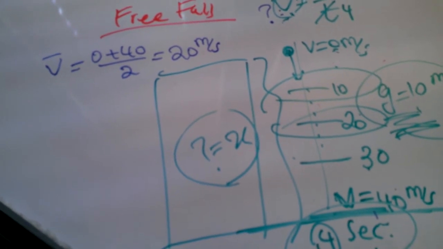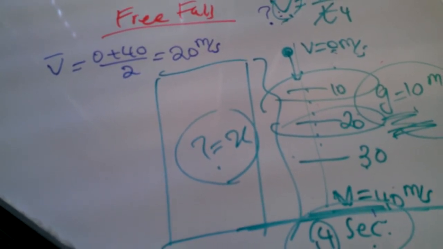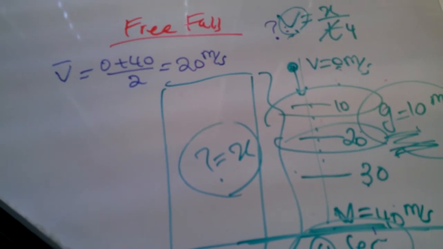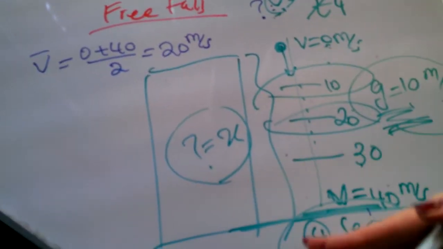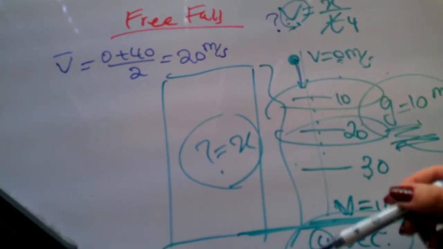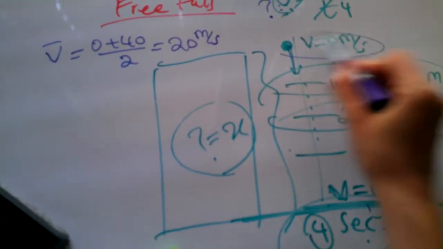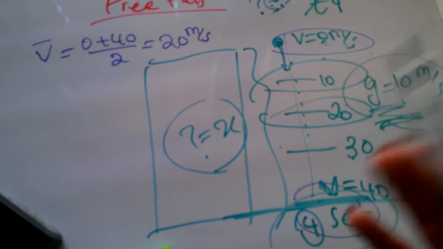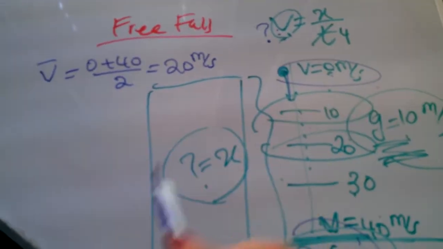That becomes 20 meters per second, and you're good to go. So overall, it's as if your speed was always 20 meters per second because it was between 0 and 40, so on average it was 20 meters per second.